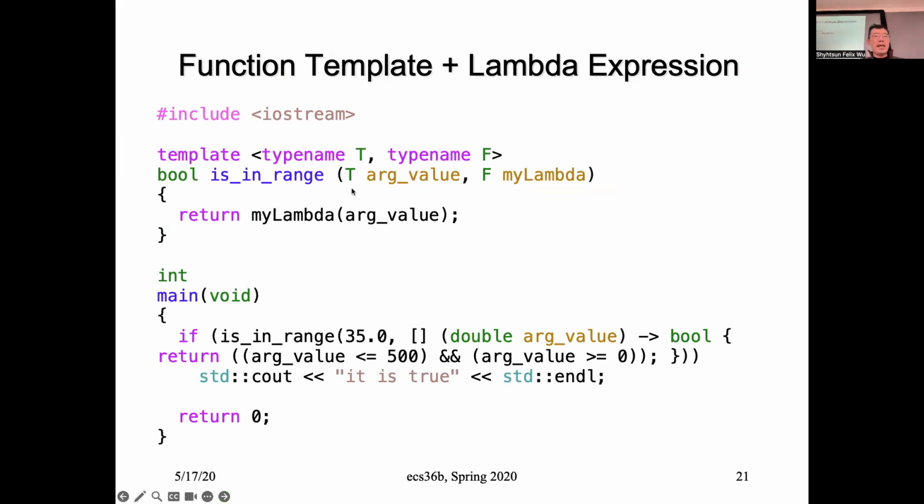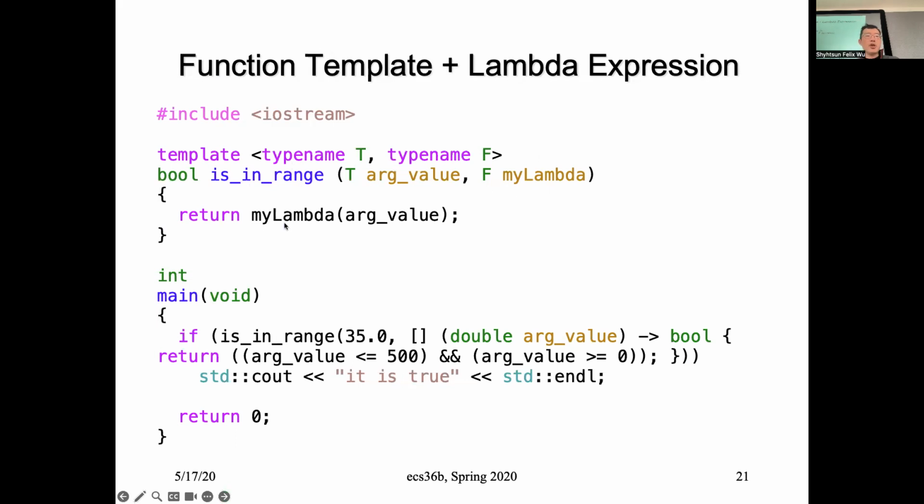Essentially, what I did is I have a template, is in range, where the first type is T and the second type is F. By the way, the compiler doesn't know what it is, but it will just replace whatever you have with that F. Then inside here, it says is in range T of this, and F is whatever my lambda is.